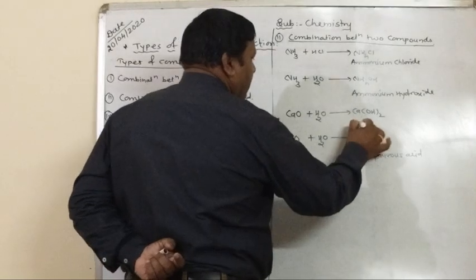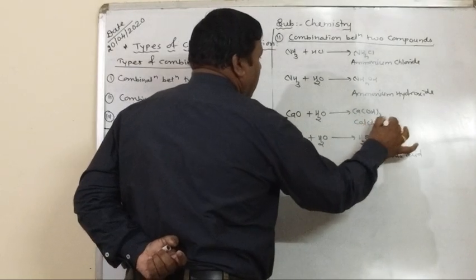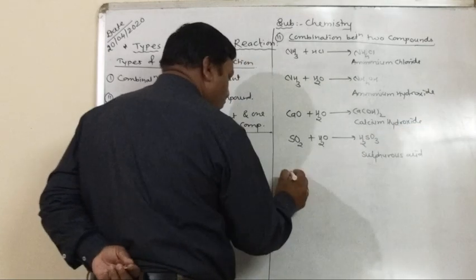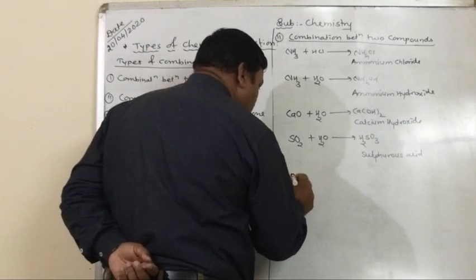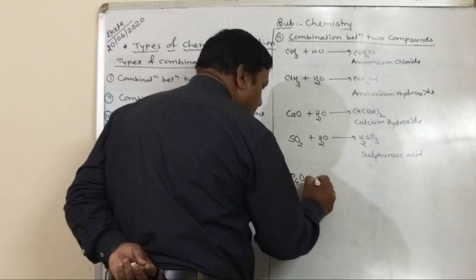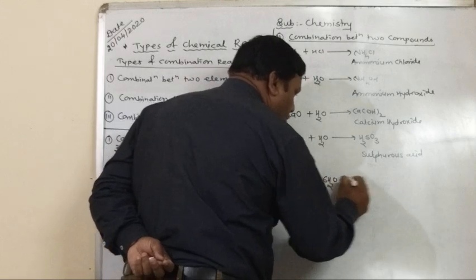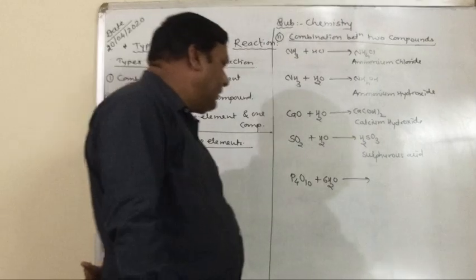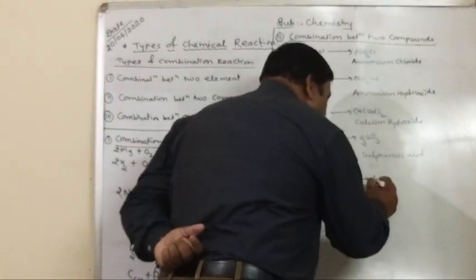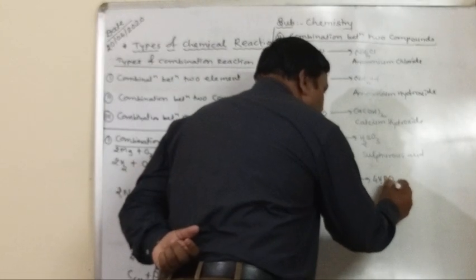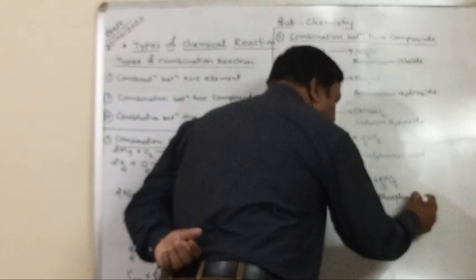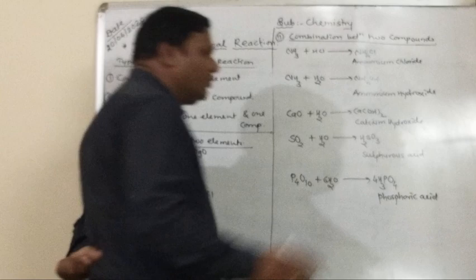Then another one: P4O10 and 6H2O, both are compounds. P4O10 is phosphorus pentoxide and water. You will get phosphoric acid. Okay.